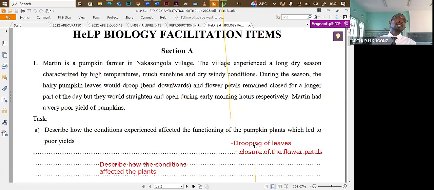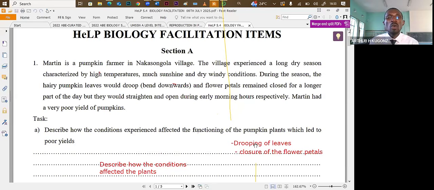But take note, the minimum expected number of responses in most cases is always 3. When you generate 2 responses to a given task, don't celebrate yet. It is not yet over.